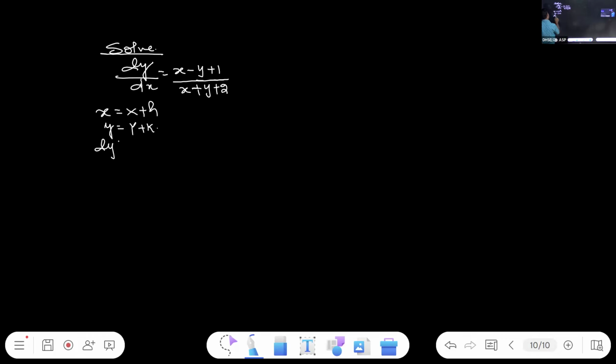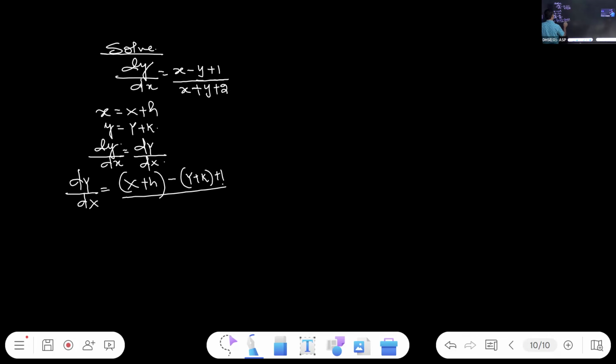So dy upon dx is equal to dY upon dX. Now the equation reduces to dY upon dX is equal to (X plus h minus (Y plus k) plus 1) upon (X plus h plus Y plus k plus 2).